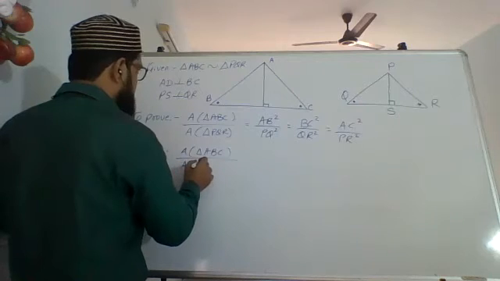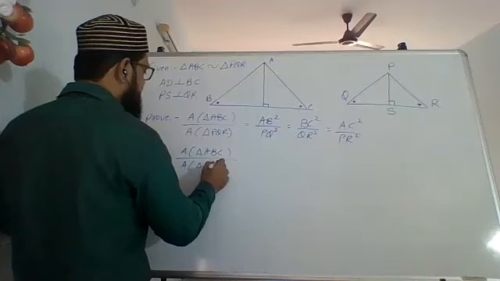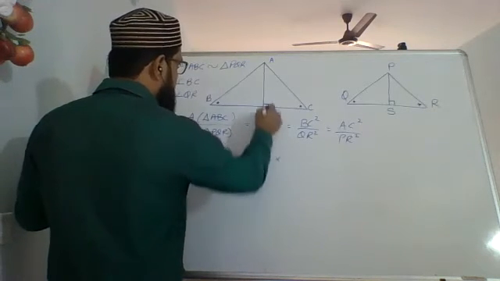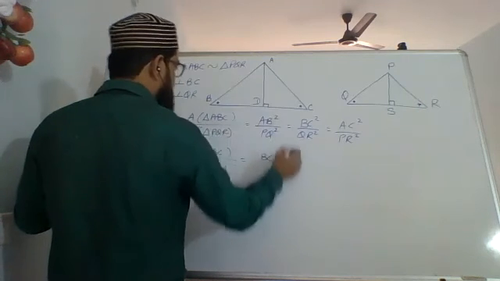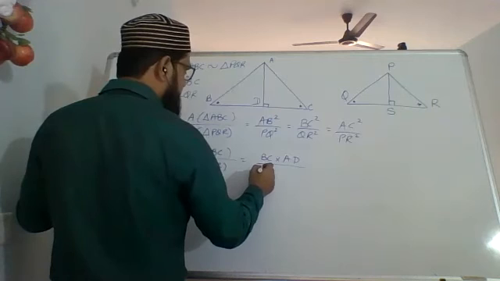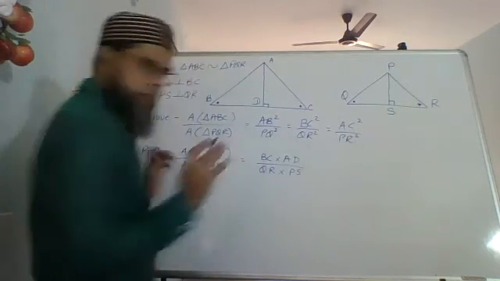BC. For triangle ABC, the base is BC and height is AD. This is D. AD upon, for triangle PQR the base will be QR, into PS. Till here clear?